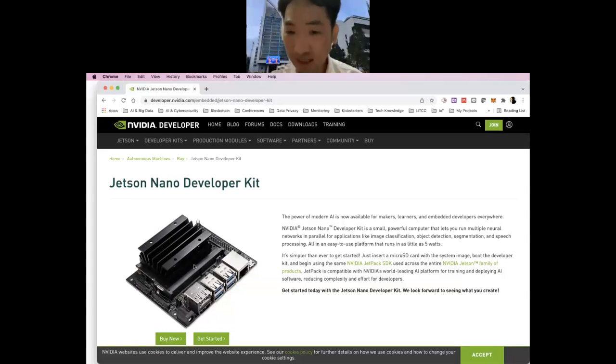Any numbers? 60? More than 60. Oh, wow. What else? Who else can come up with a number? It has 128 cores for this embedded system.